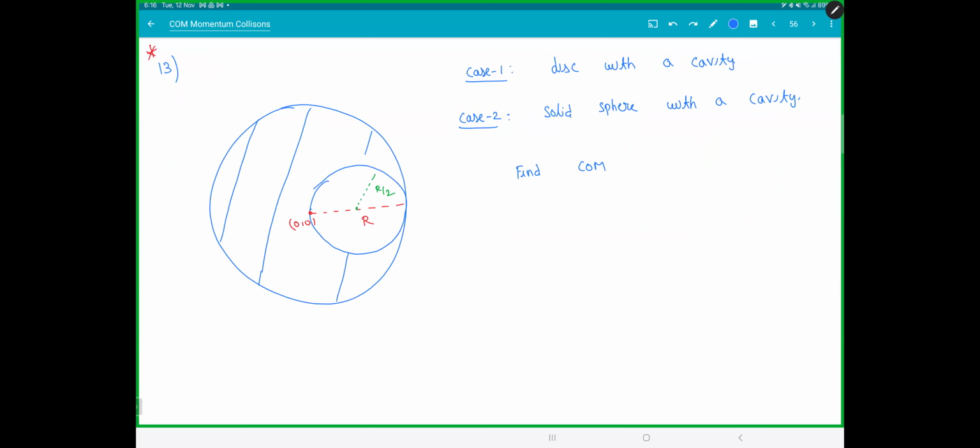It's the same question. There is a solid sphere with a cavity. Instead of a disk, if it is a solid sphere, then what is the center of mass?